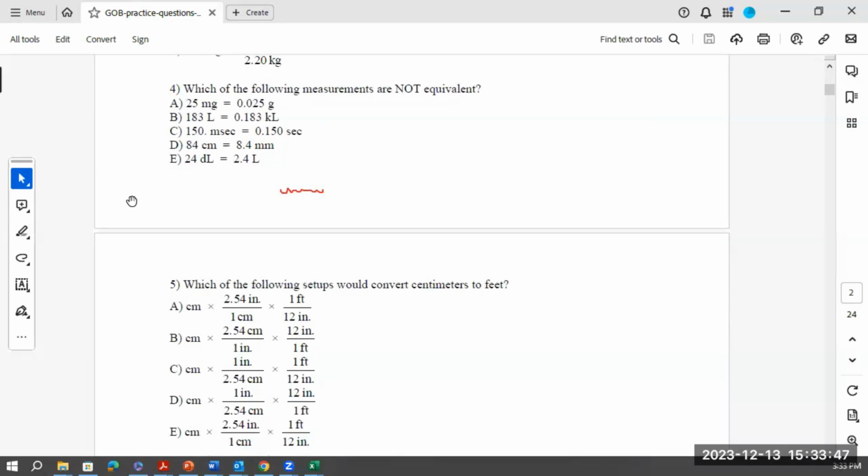Okay, so which of the following measurements are not equivalent? We have 25 micrograms is equal to 0.025 grams. You have one question that's going to be like this as well. I'm sorry, milligrams, not micrograms. You're right. Milligrams. Milli. My bad. So we have 25 milligrams, and that is equal to 0.025 grams.